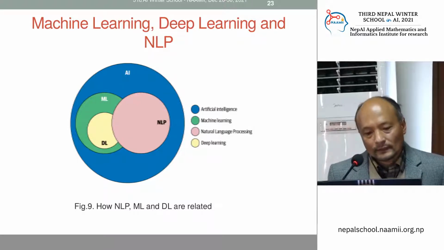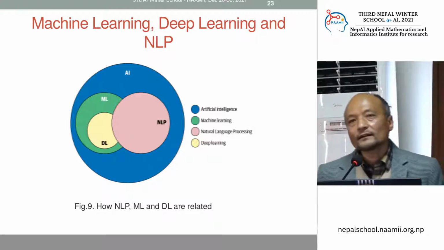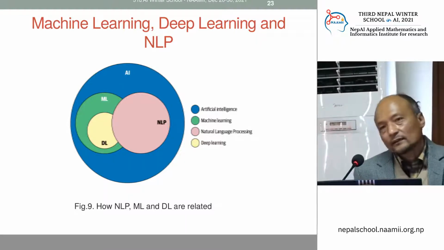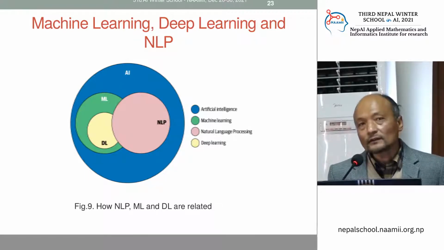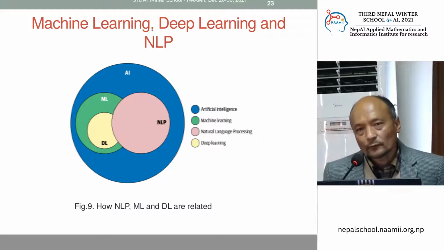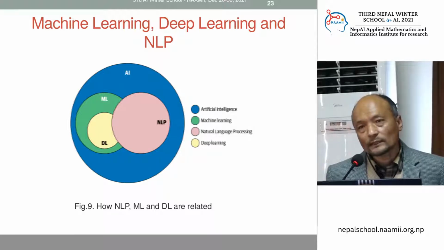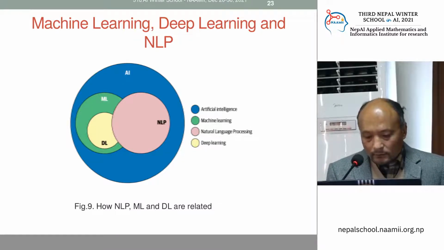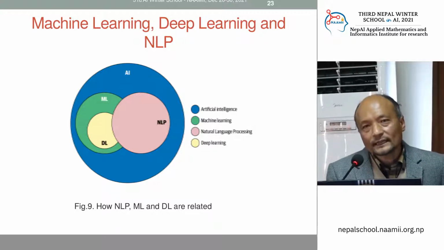They are related, but we cannot necessarily apply deep learning or machine learning to every problem of NLP. There are certain areas where we should concentrate on utilizing NLP techniques to solve NLP problems. But having said that, we can always supplement these NLP techniques with ML, DL, and other AI techniques.